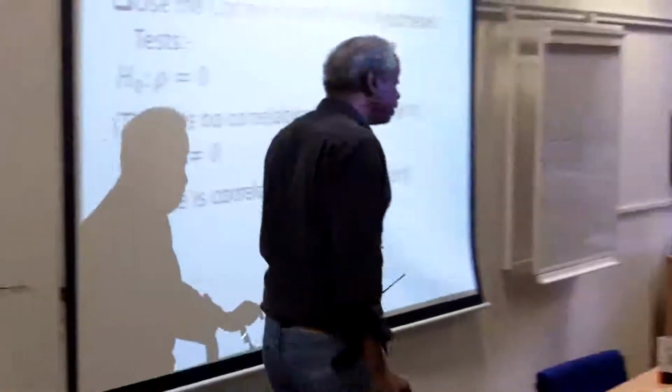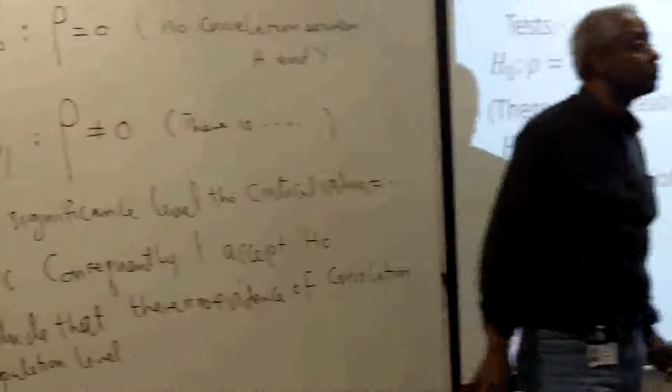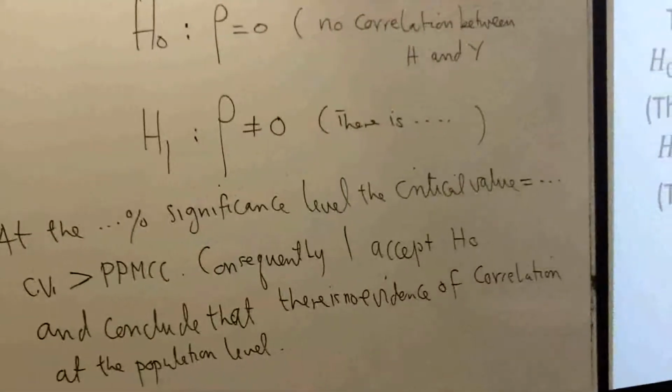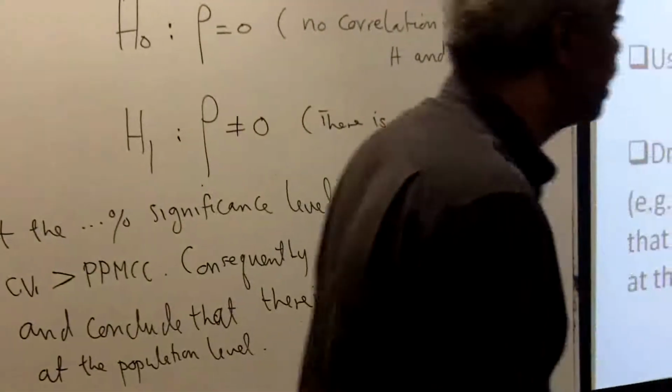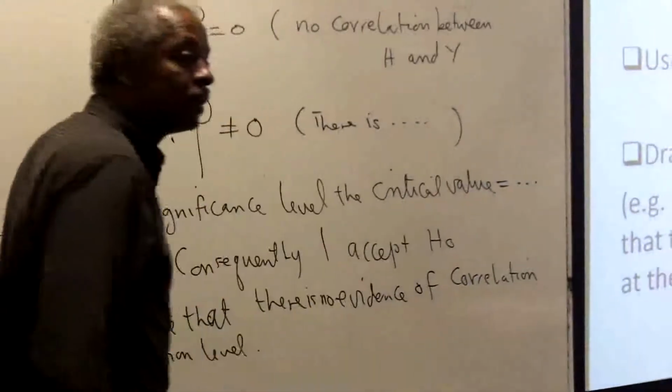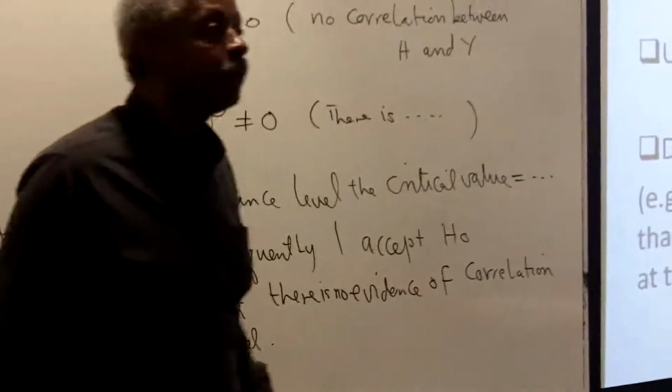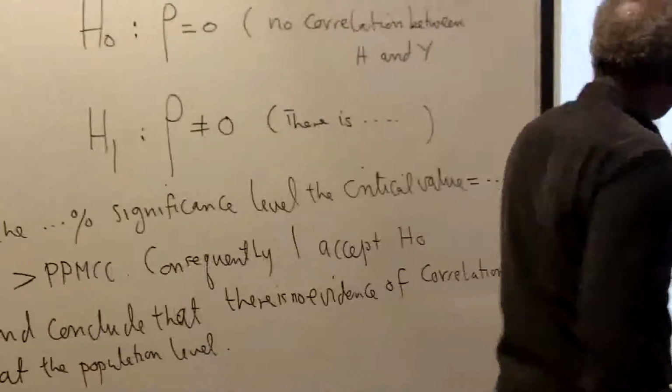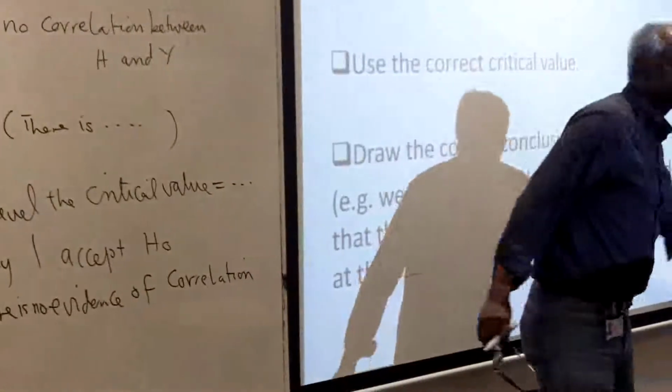If you drop a single word, then the whole thing becomes untrue. Should you drop, for example, the word evidence, the whole statement becomes not true. This is stated very, very precisely. And if you really want to get the total, remember, there are 20 marks for this section.